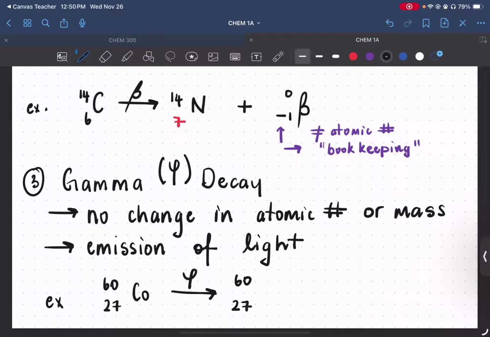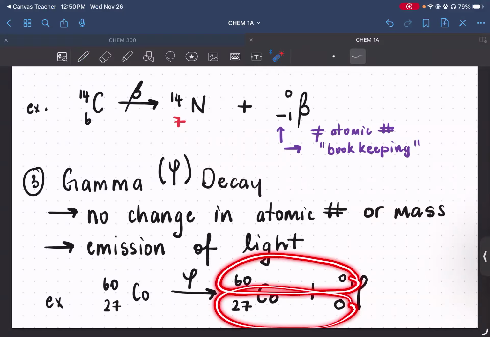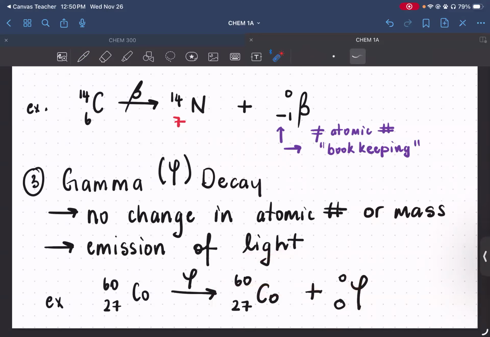So it's the exact same element, cobalt, but it results in an emission of light, which is represented as a gamma particle 0, 0. Just as before, the gamma particle is, of course, used to bookkeep, make sure the numbers line up. And in this case, it's meant to represent that flash of light.